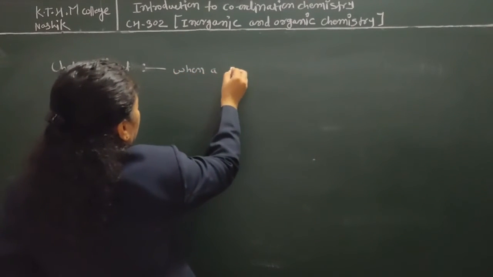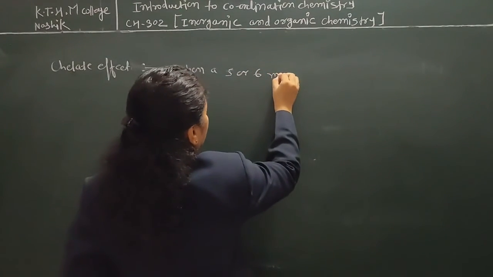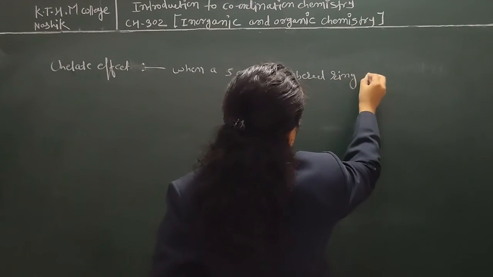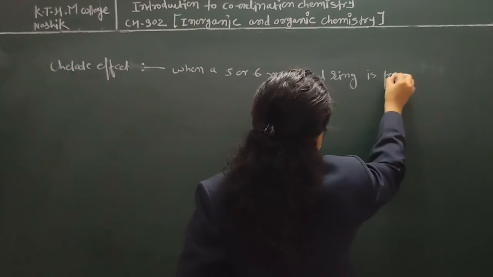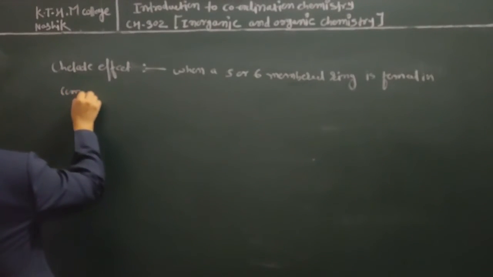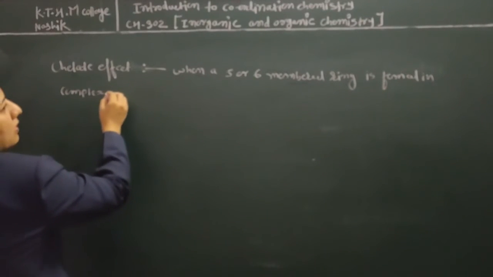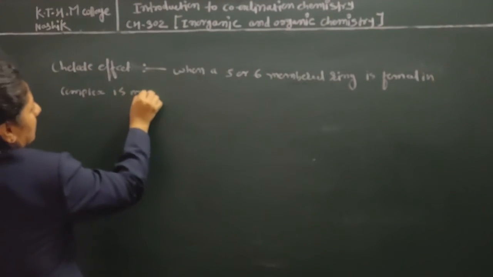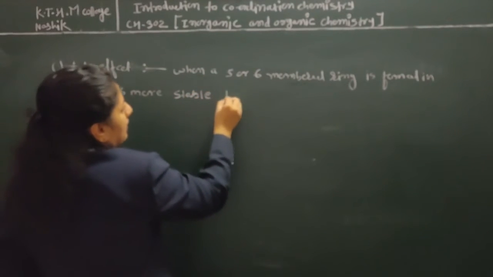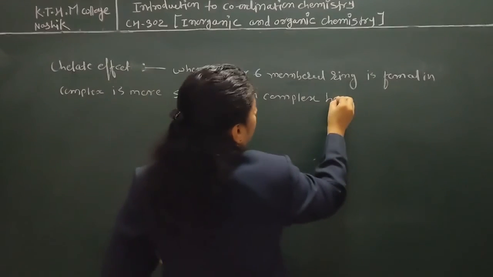When a 5-member or 6-member ring is formed, the complex is more stable than complexes which have no ring.